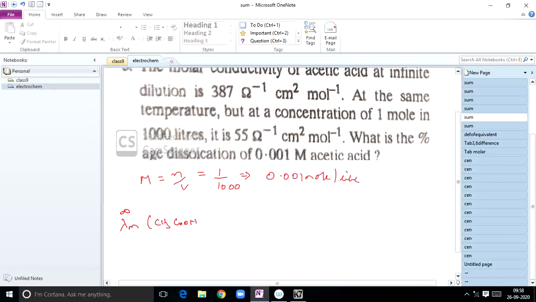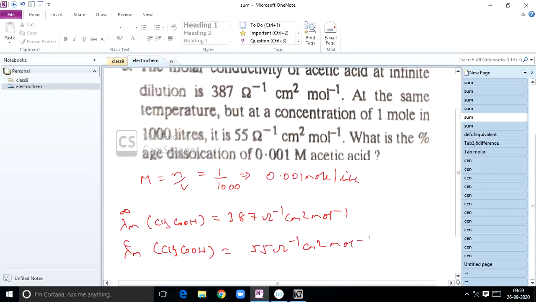How much? 387 ohm inverse centimeter square mole inverse. Same temperature but at a concentration of 1 mole in 1000 liters. So lambda mc is also given indirectly. Lambda mc of acetic acid, how much? 55 ohm inverse centimeter square mole inverse.